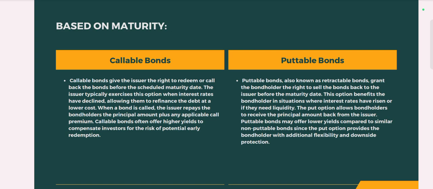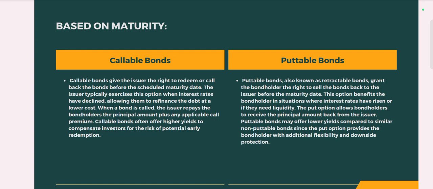When a bond is called, the issuer repays the bondholders the principal amount plus any applicable call premiums. Callable bonds often offer a higher yield to compensate investors for the risk of potential early redemption.